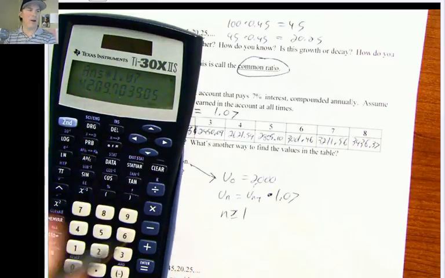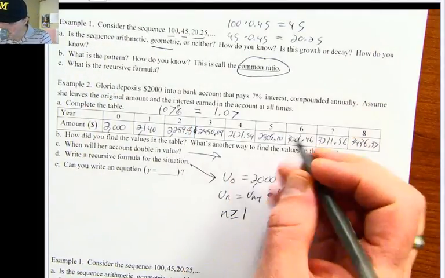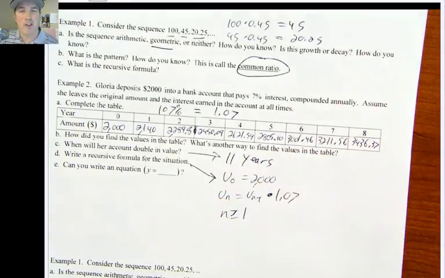I hit the amount when I hit the calculator 11th time. So it would be, let's see, annually, that's years, so 11 years. Is there an algebraic correct way to do that? Yes, and that's the point of this unit.